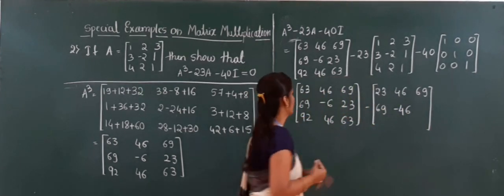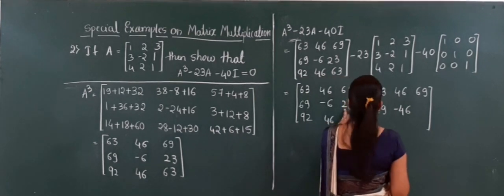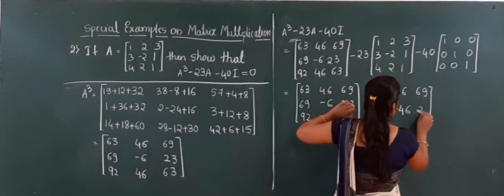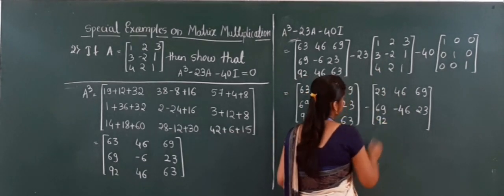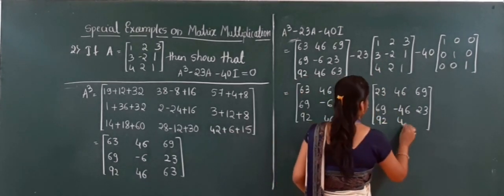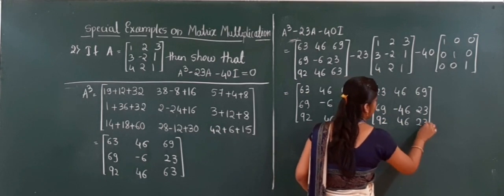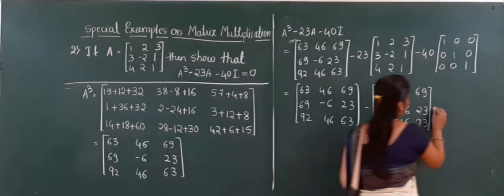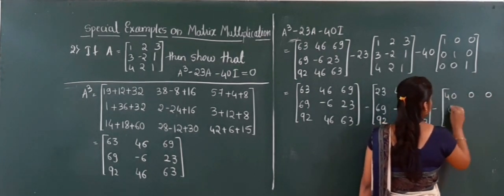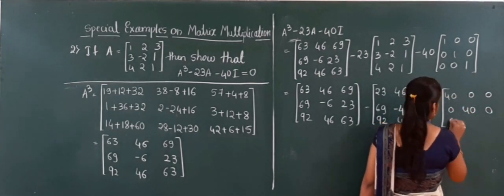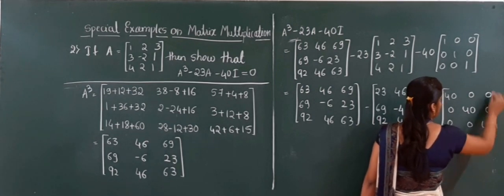Okay? Next, 23 ones are 23, 23 fours are 92, 23 twos are 46, 23 ones are 23. And next I have to multiply 40 to our identity matrix: 40, 0, 0, 0, 40, 0, 0, 0, 40.